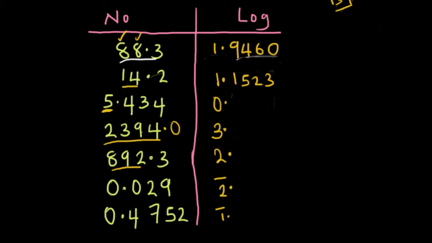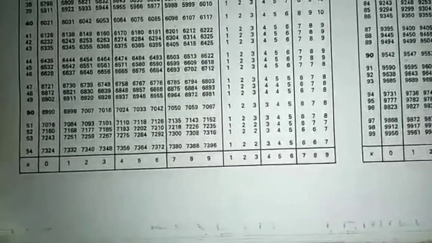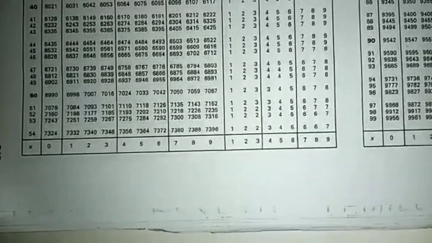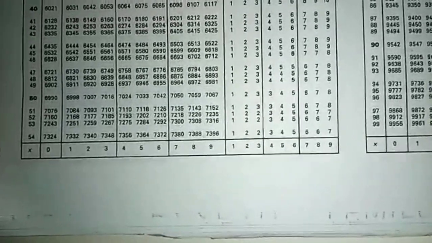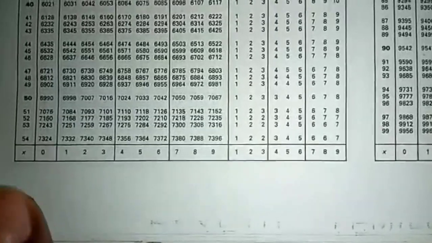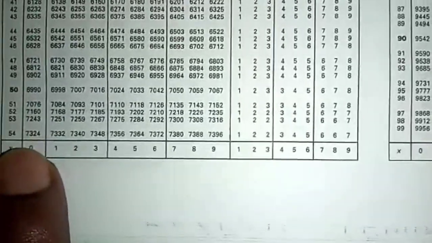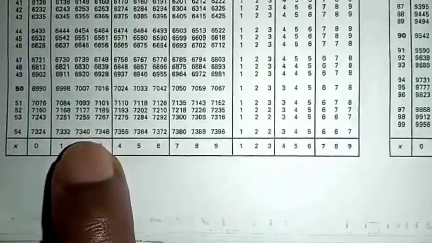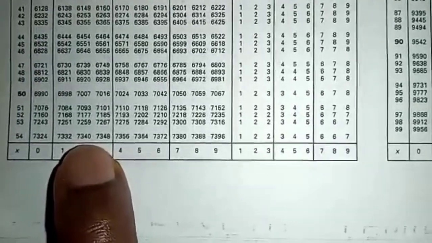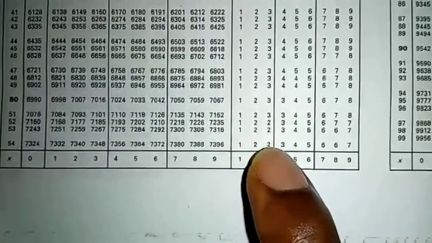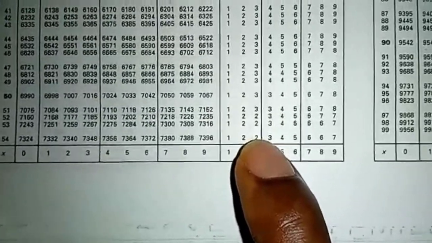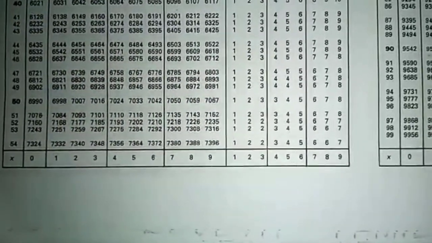1.1523. Do you understand? Now to find the fraction part for 5.434, all I will do is 54 under 3, difference of 4. So I have 54 under 3 is 7348. Then I'm going to do difference of 4. So I have 1, 2, 3, 4. That's 3. So I'll be doing 7348 plus 3.